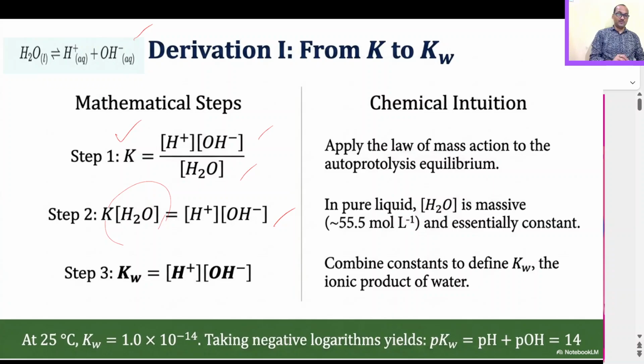So K times the concentration of water becomes another constant, called Kw, the ionic product of water. So that becomes H+ concentration times OH- ion concentration, and it is found to be 1 times 10 to the minus 14 at 25 degrees Celsius. And if you take the negative logarithm, you will get pKw, that is equal to pH plus pOH, which is found to be 14.